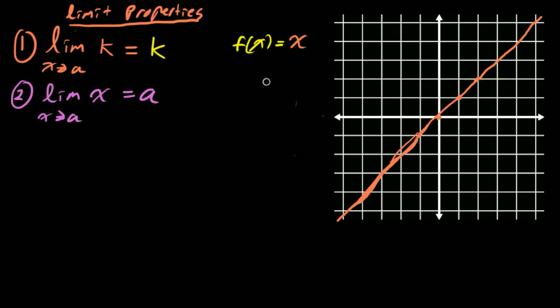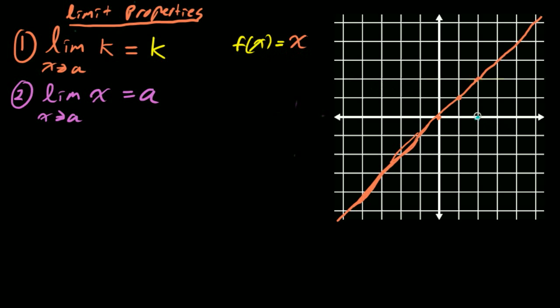Now, if we chose any value for x along that line, first off, there are no discontinuities along this line. We can plug any real number into x that we want: pi, 1,000,000, any number. Our f of x value is always just going to be whatever that number is.